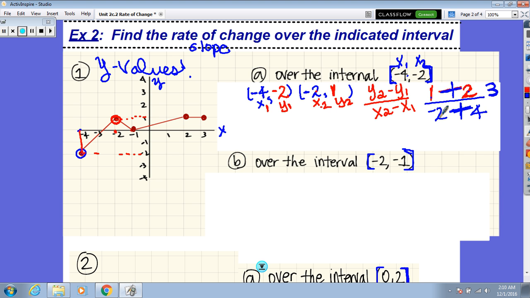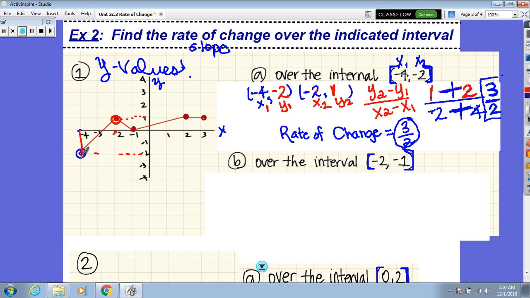These are two different signs. The 4 is positive and the 2 is negative, so we subtract them and we get a positive 2 because we take the sign from the bigger number and 4 is the bigger number. So we have just found the rate of change. So the rate of change over the interval from negative 4 to negative 2 is 3 over 2.